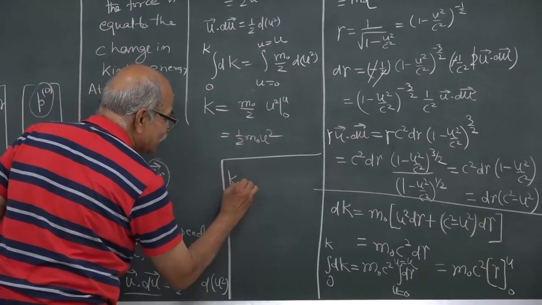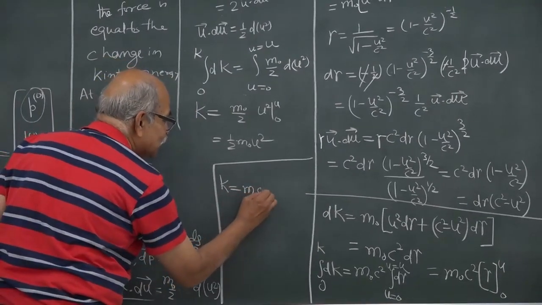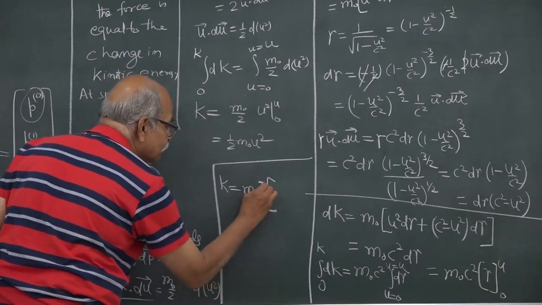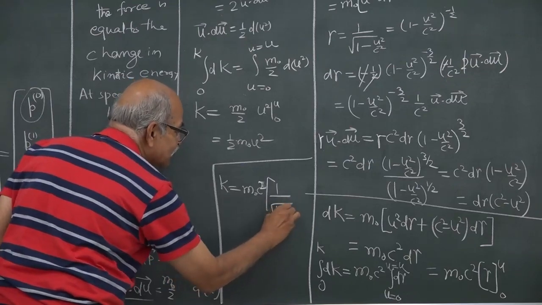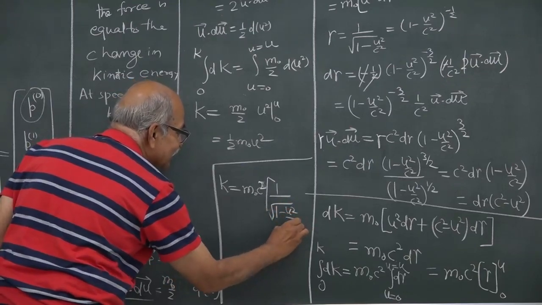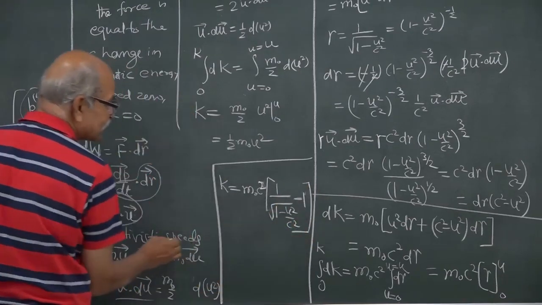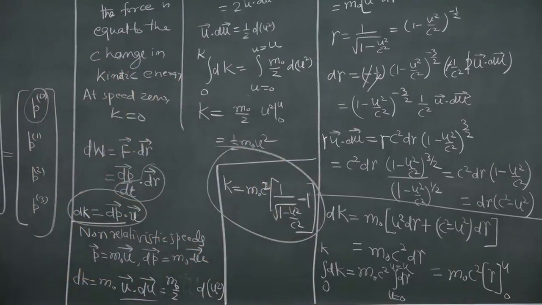This integration gives k equal to m naught c square, and then within bracket 1 by square root of 1 minus u square by c square, minus 1. This is that kinetic energy expression that we are looking for.